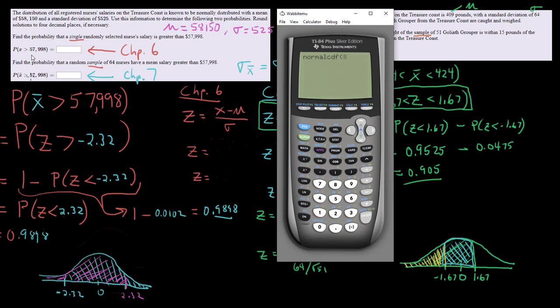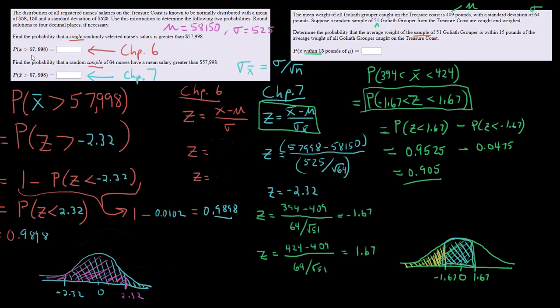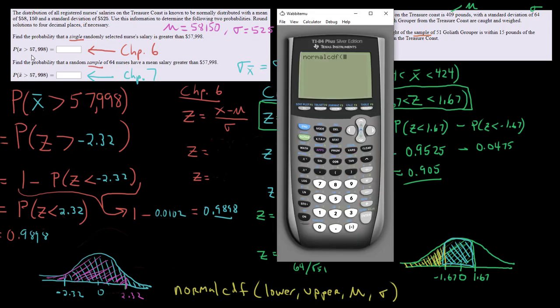I'll put the syntax down here. The syntax is normal CDF: lower, comma, upper, comma, mu, comma, sigma. Okay, that's the syntax you have to know.